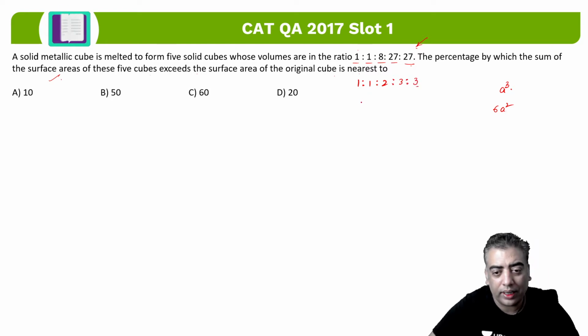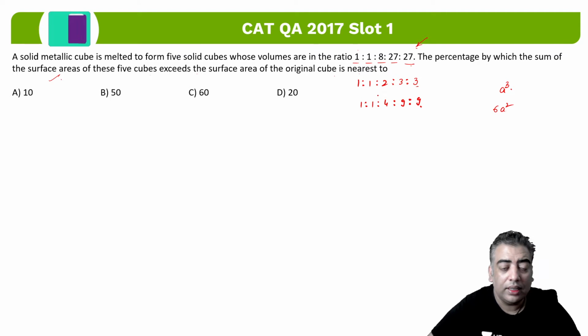And on squaring it, I will get the ratio between the areas of the given cubes. So we are required the surface area of these 5 cubes, so you just need to add all the 5 values. So 9 plus 9, 18, 19, 20 plus 4 adds up to 24.